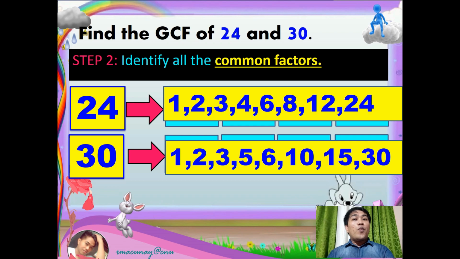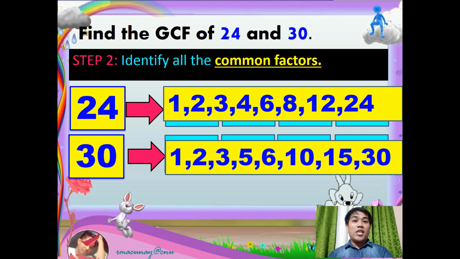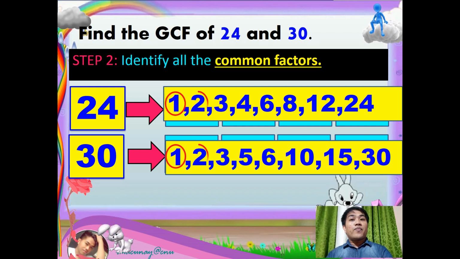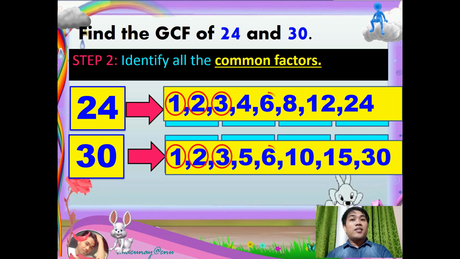Now, we need to identify the common factors. It means that this factor, the factor of 24, is also a factor of 30. Obviously, we have 1, 2, 3, and 6.